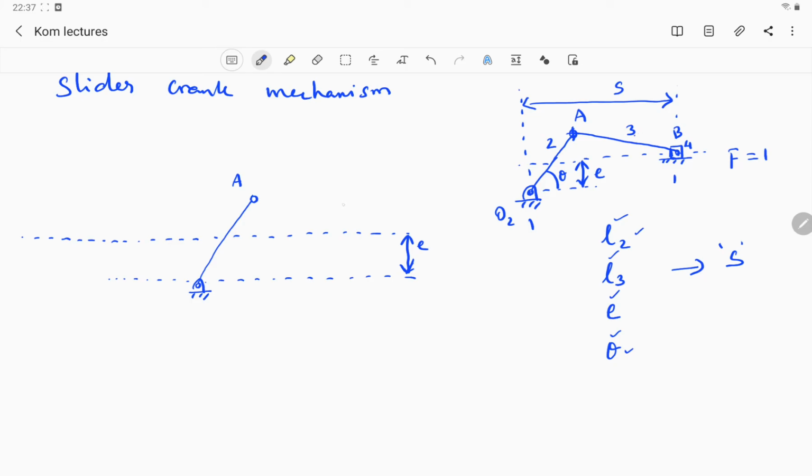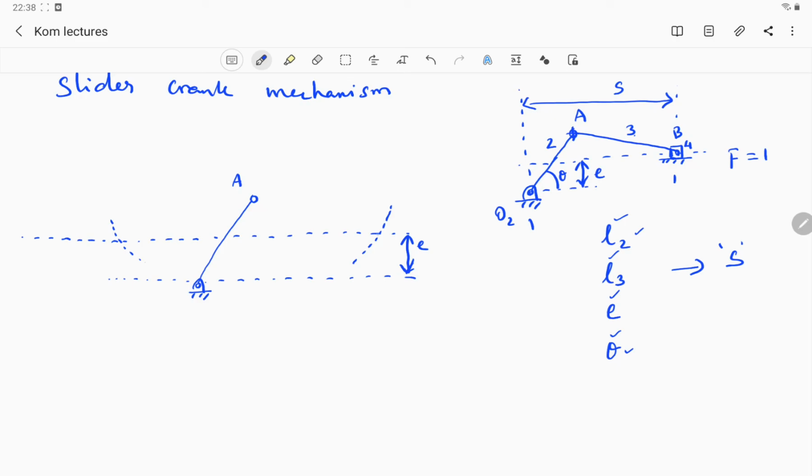If I draw that arc, it is going to intersect this horizontal line at two places, maybe over here and then maybe somewhere over here.